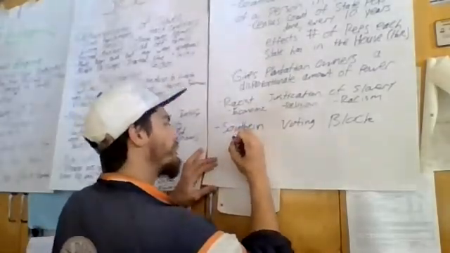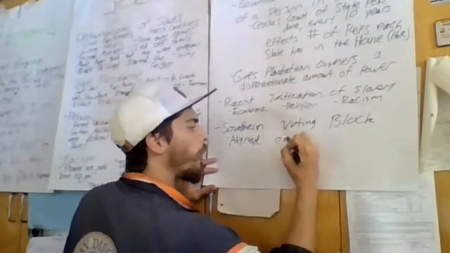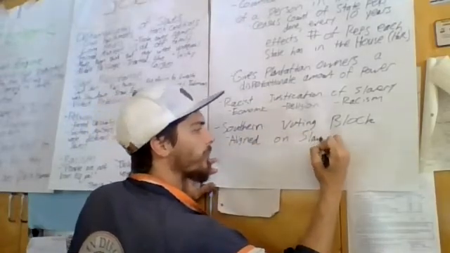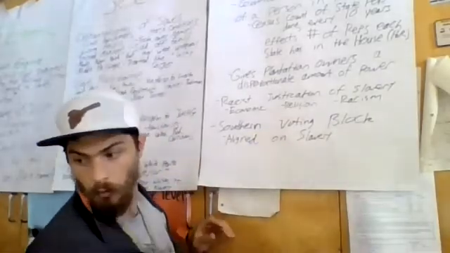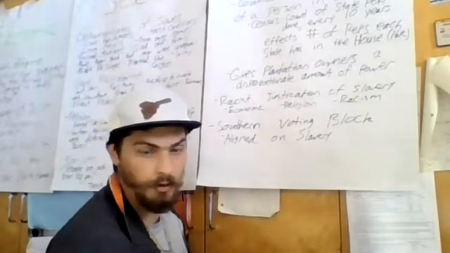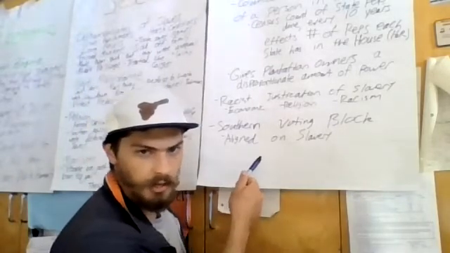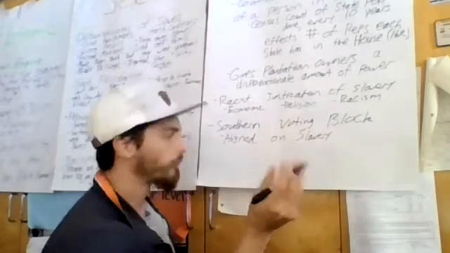They're aligned on slavery. Now, what happens if a representative does not vote in alignment with the rest of the South on slavery?